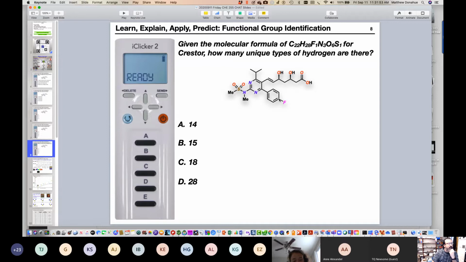Now consider this ring. Only 4 of the 6 carbon atoms have hydrogens. So how many sets are present in this ring? So I see a couple 2s in the chat. Yeah, so these are the same. So that's 5. These are the same.